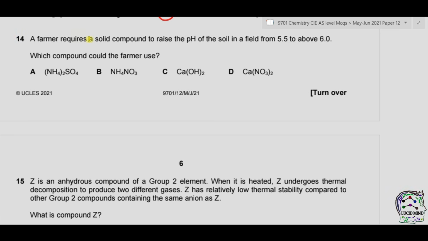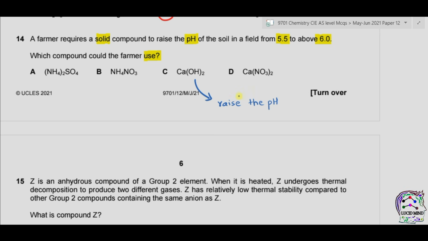Question 14. A farmer requires a solid compound to raise the pH of the soil in the field from 5.5 to above 6. Which compound could the farmer use? Among the given ones, we have ammonium salts, then we have ammonium nitrate, which is also an ammonium salt. Then we have calcium hydroxide, which is slightly soluble in water and it can raise the pH of the soil.